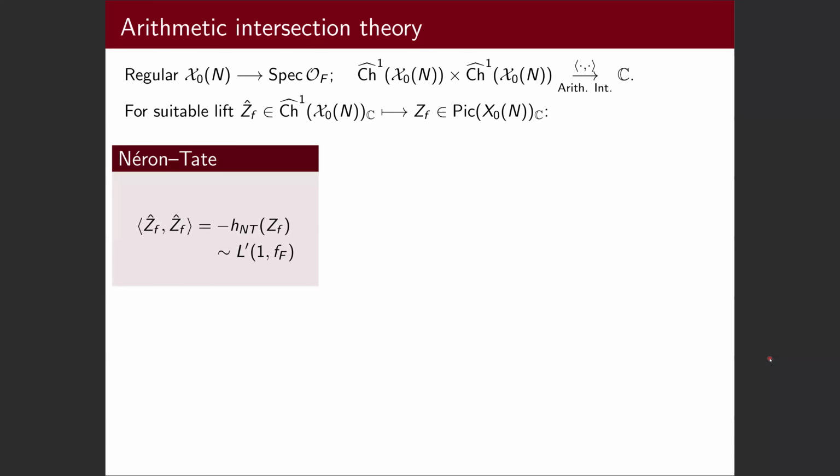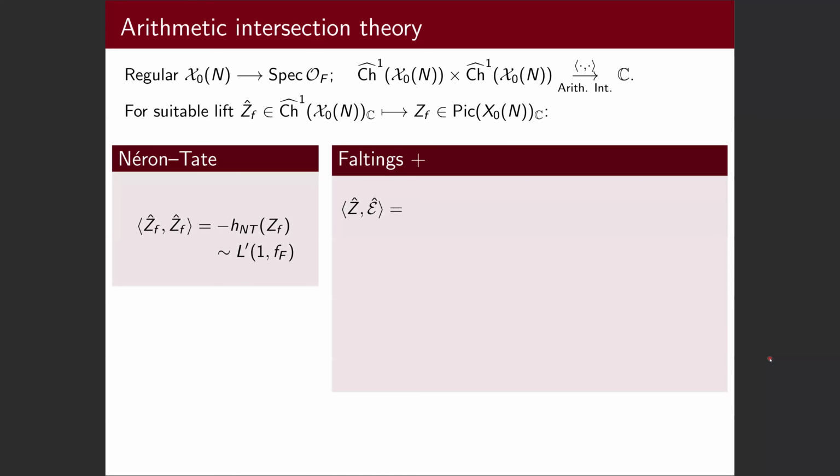Okay, and so the Faltings height can also be expressed as an arithmetic intersection number. Again, Z hat here is some suitable lift of the Heegner cycle to the arithmetic Chow group, and E hat is also some lift of this bundle E, which is in the Picard group, to this arithmetic Chow group. And so this arithmetic intersection number here has two terms. One involves the Faltings height, which I defined on the previous slide.